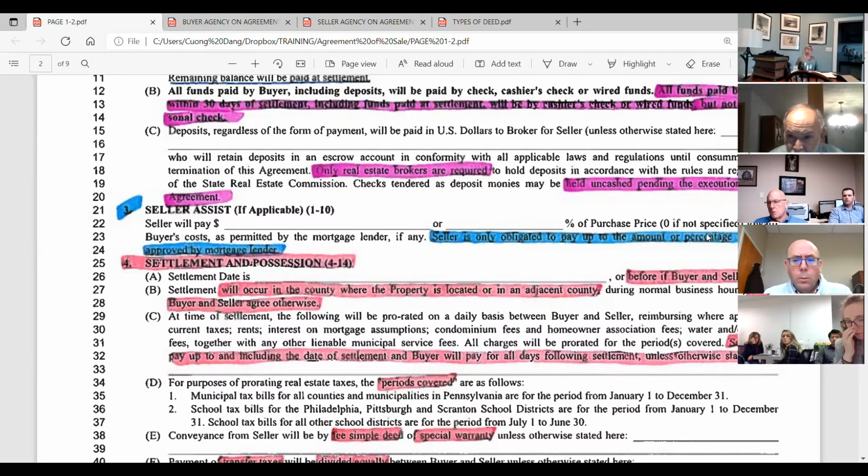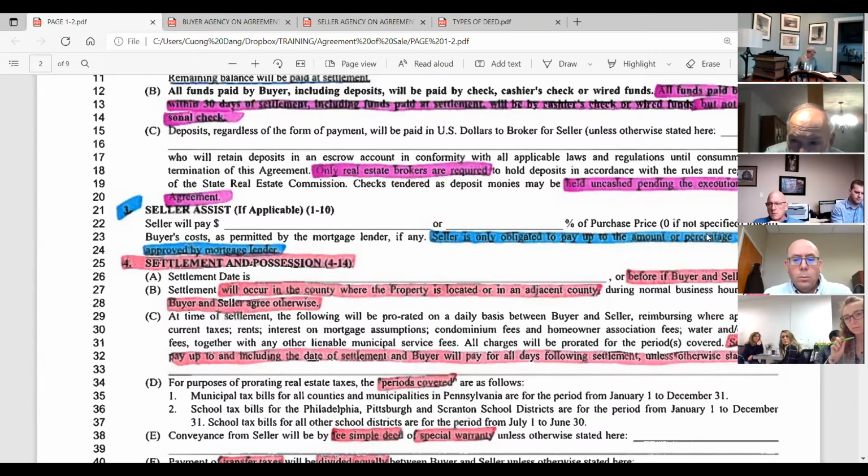Morgan? We have a question over here about filling out both. So it says seller will pay, so if we put, for example, just 5,000 there, or like 5% or whatever, wouldn't it be easier to put the percentage and not the other one in case the sales amount changes, based on appraisal or something?